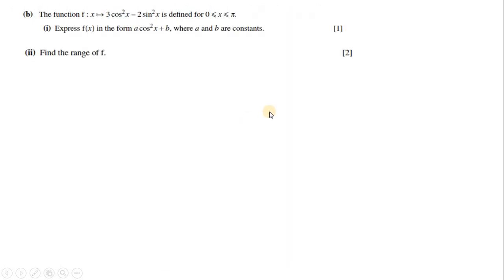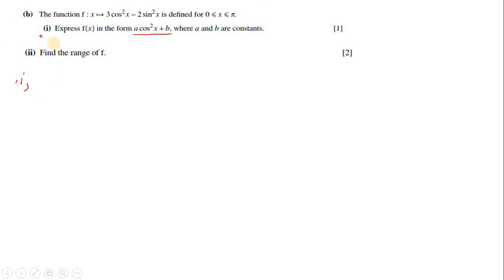Part B. The function f(x) equals 3 cos square x minus 2 sine square x is defined for the interval 0 to pi. Express f(x) in the form a cos square x plus b, where a and b are constants.